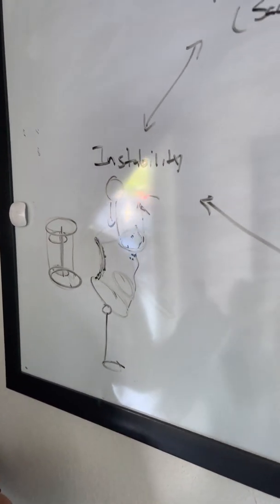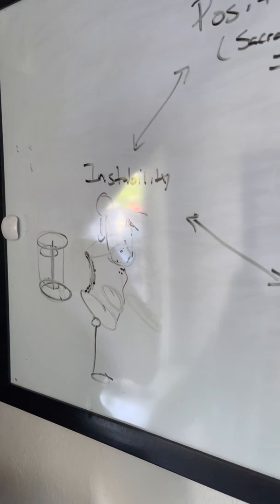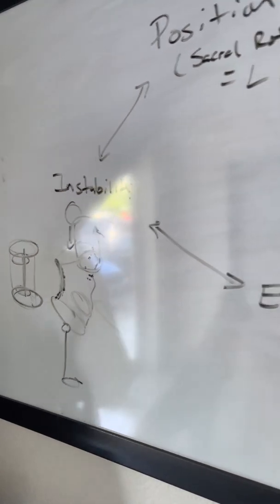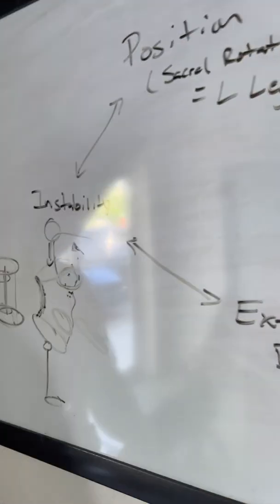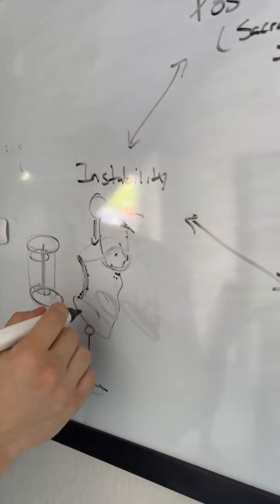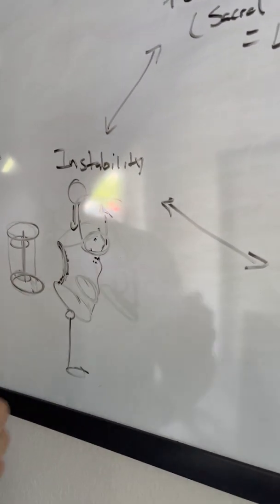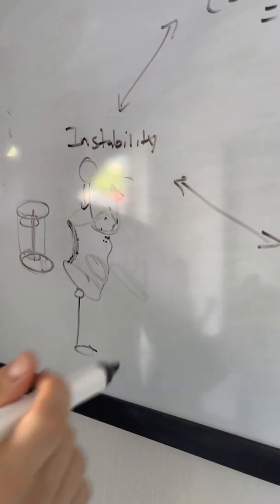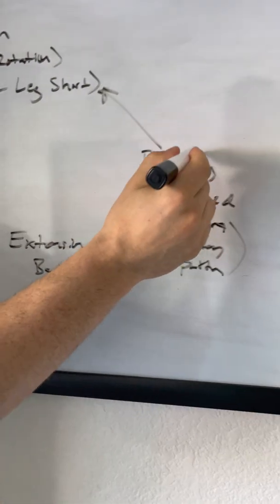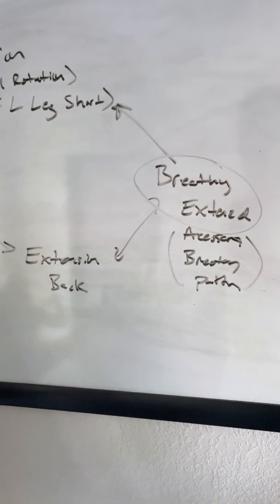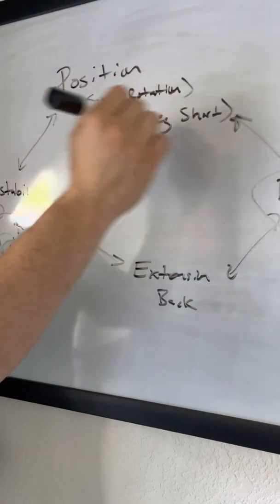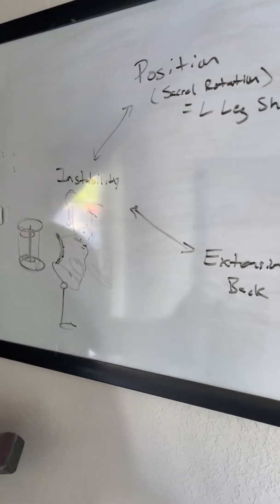Right. So, just so I'm clear, this was caused by her sacral rotation? This is all caused by the fact that her sacrum... I can sit here and make a case for you that all this is caused by her breathing. I can make a case that this is all caused by her sacral rotation. It's very much chicken or the egg.